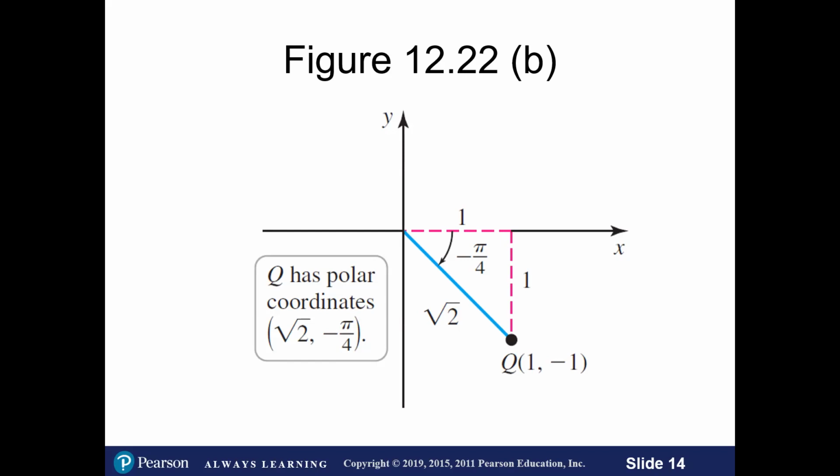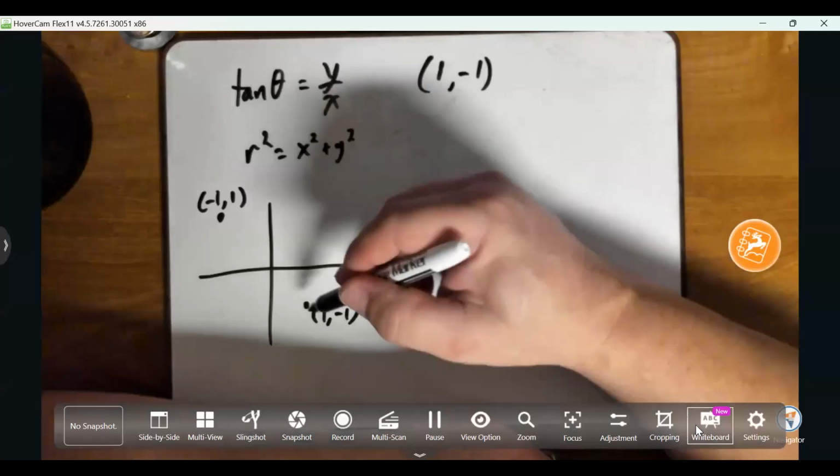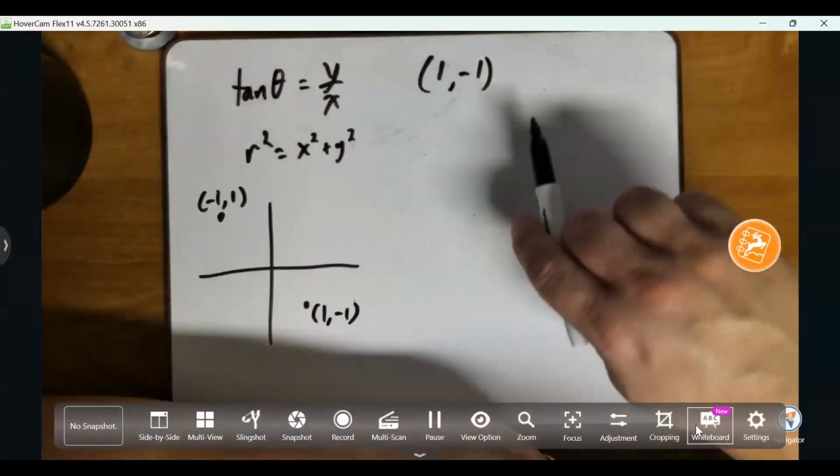Let's switch over to the whiteboard. We're going to do this one first, and then I'll do the negative 1.